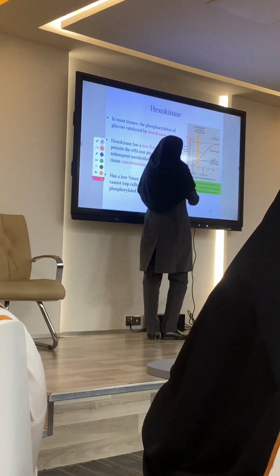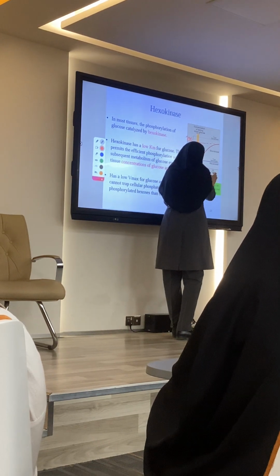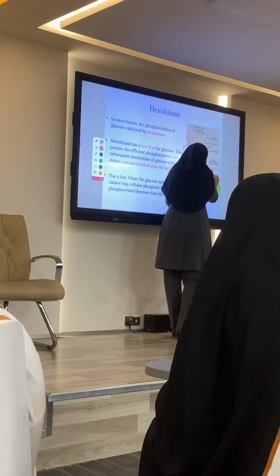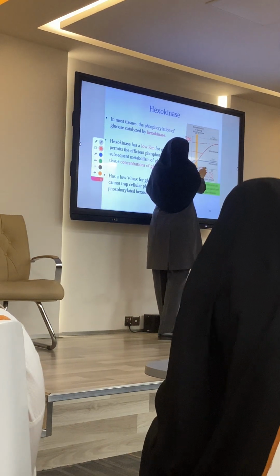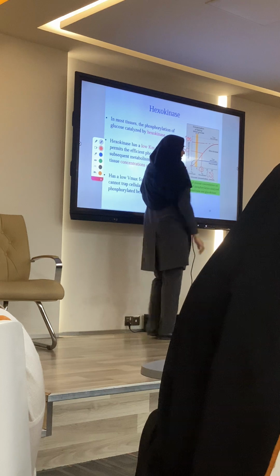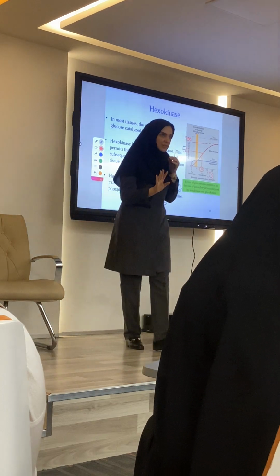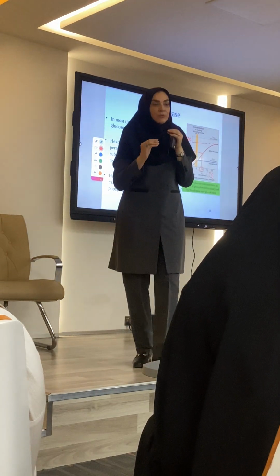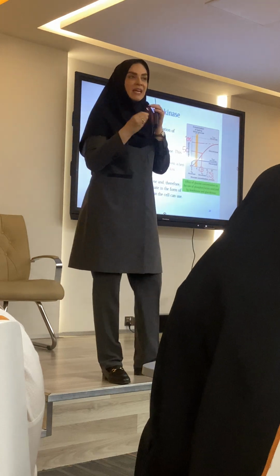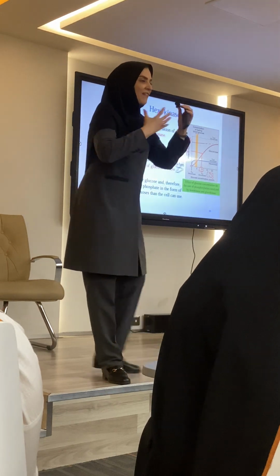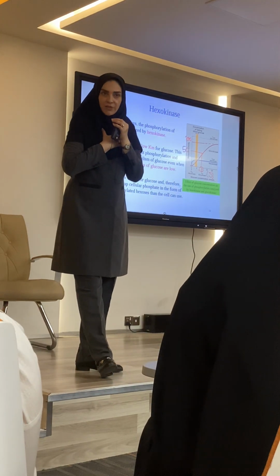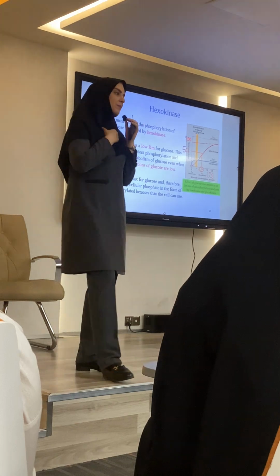Am I right? Yes. And this is the substrate concentration at which the rate is half of Vmax. Clear? Do you understand? And if you remember, Km shows the affinity of the enzyme for a substrate.